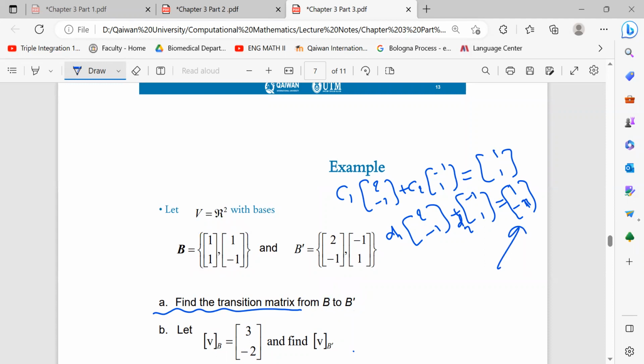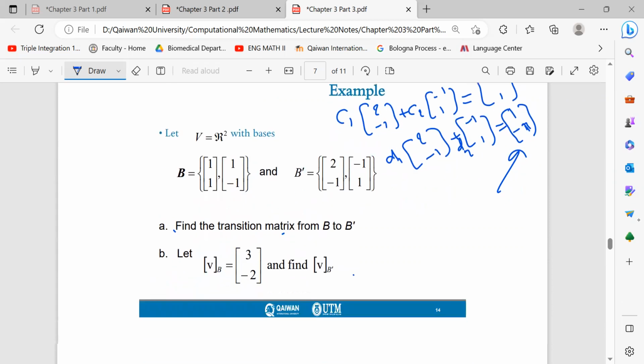If it says find the transition matrix from B to B dash, that means we write the vectors in B as linear combinations of vectors in B dash. But if it says from B dash to B, we do it the other way.